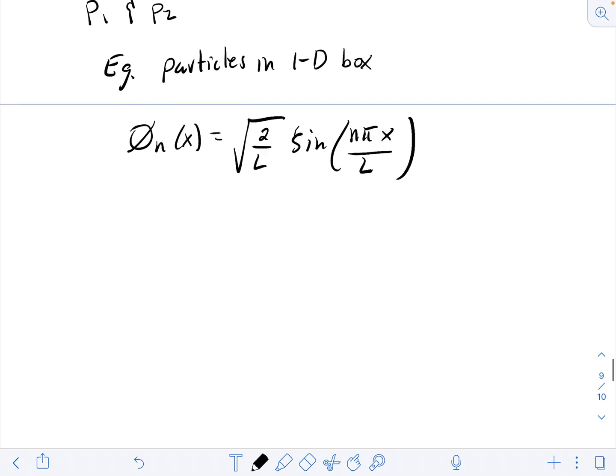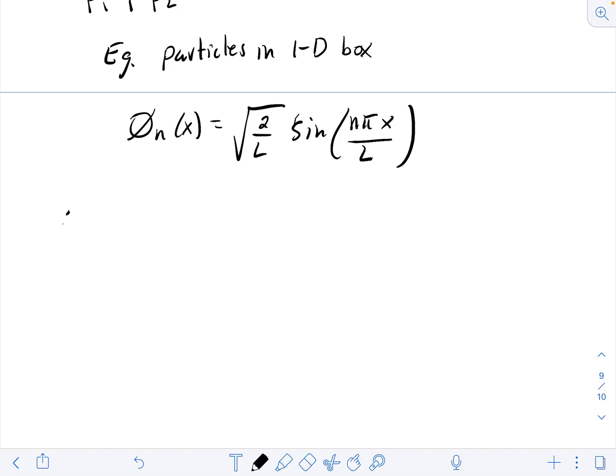Okay, so we now have some requirements for our two-particle wave function. We've written down example one particle wave functions for a system of a single particle. What we're going to try to do is construct the appropriate two-particle wave function.